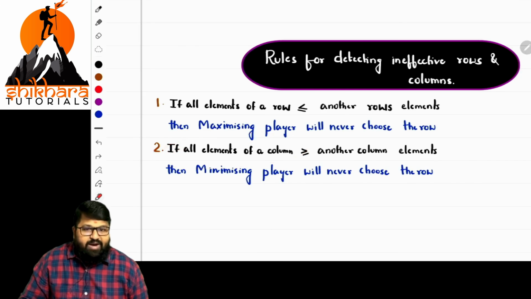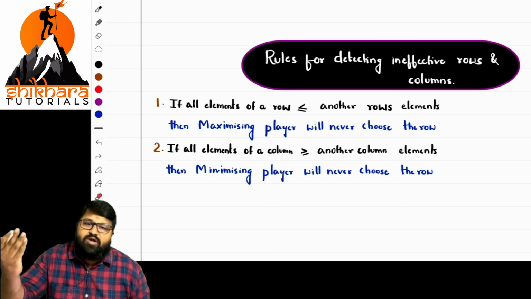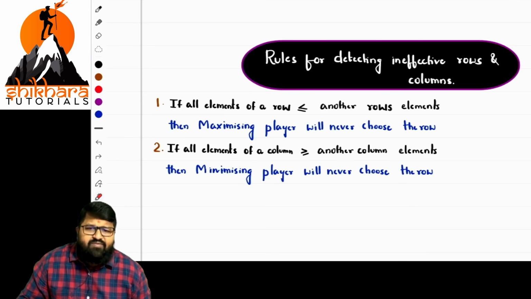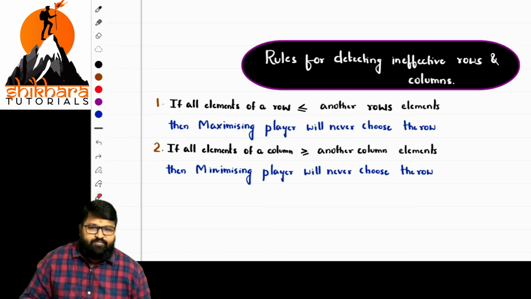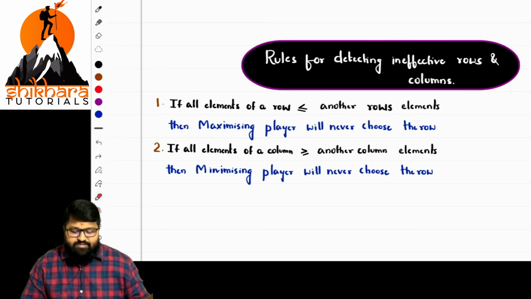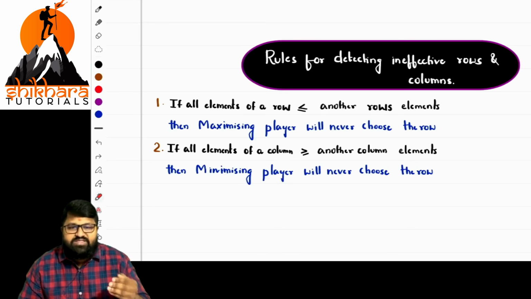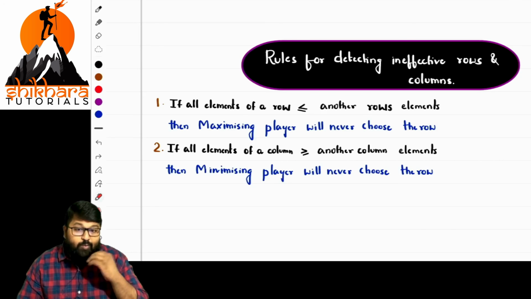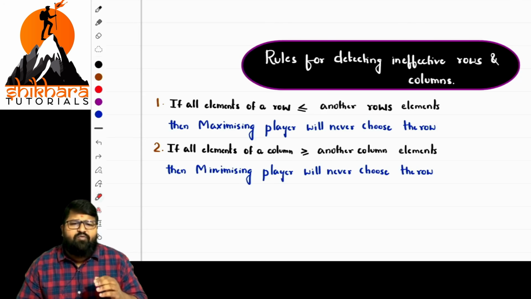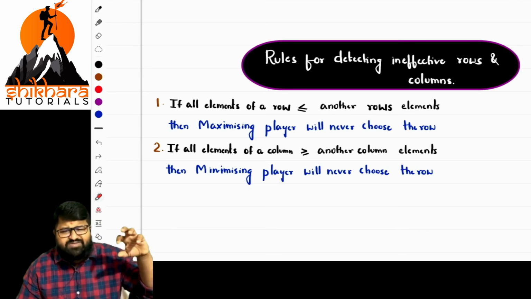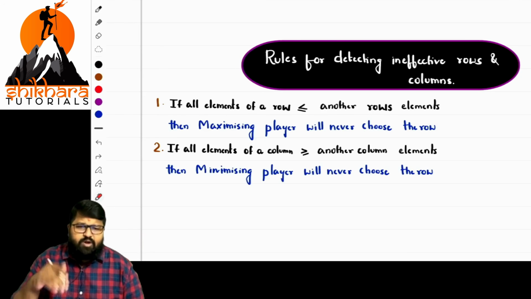When my loss is more, will I opt for that one? I will never do that, basically. The maximizing player will never choose a row with the least values. And the minimizing player, who is thinking of minimizing the loss, will never go for the highest value. The highest rows, or rather the highest columns, will be deleted.